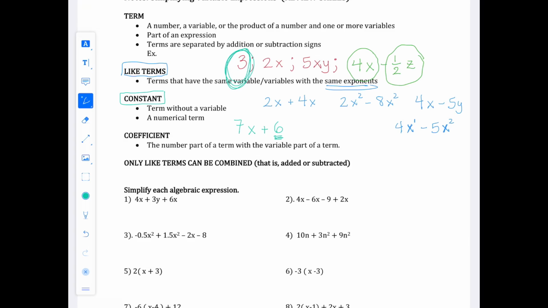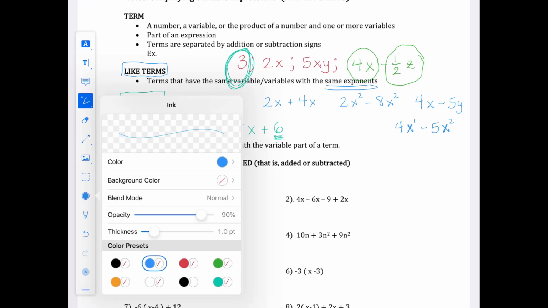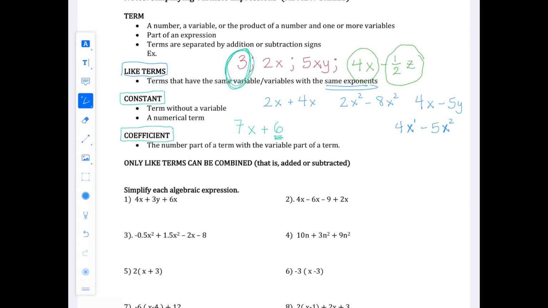So now let's look at the next defined term, and that's coefficient. The coefficient is the number that is being multiplied to a variable. So looking here again, that first term is 7x, so 7 would be the coefficient. In 5x squared, the 5 would be the coefficient.